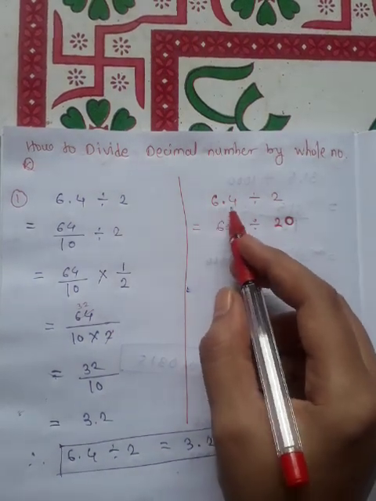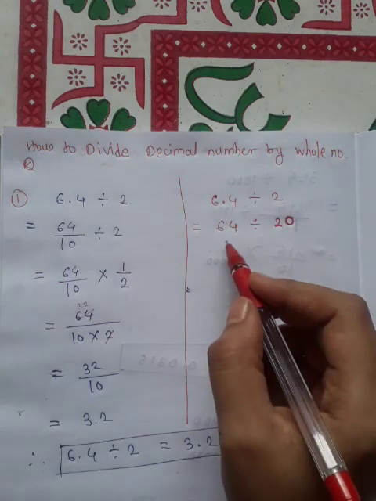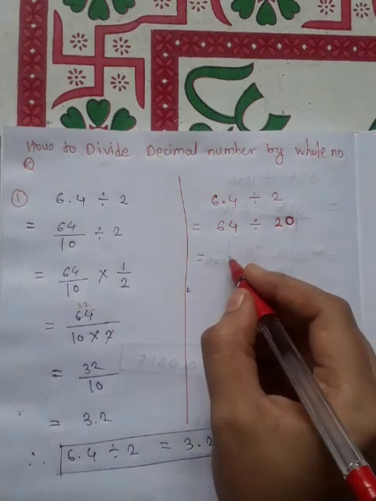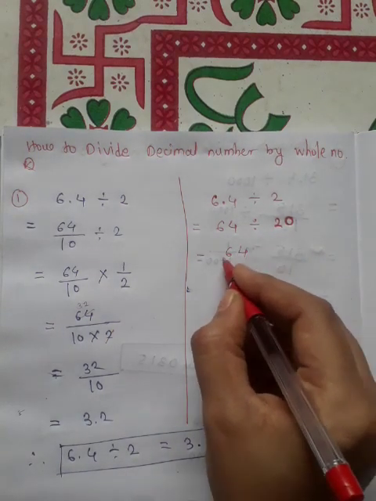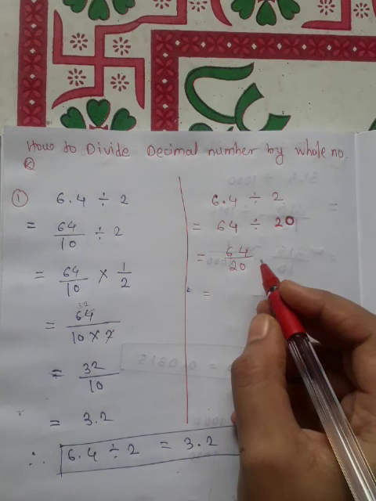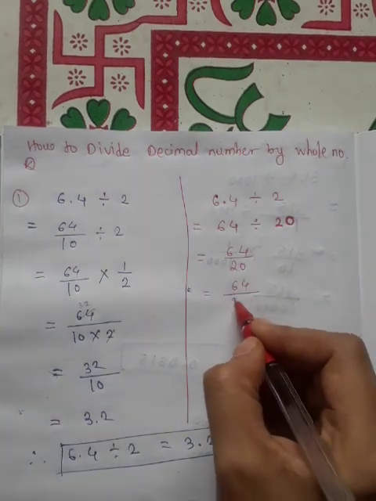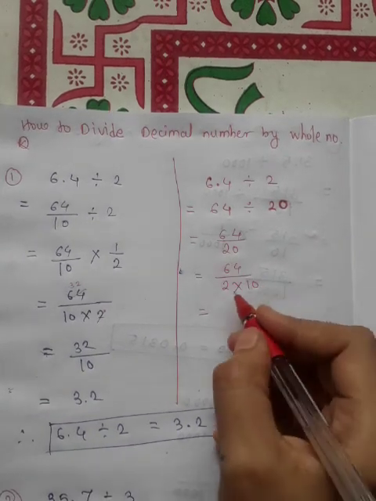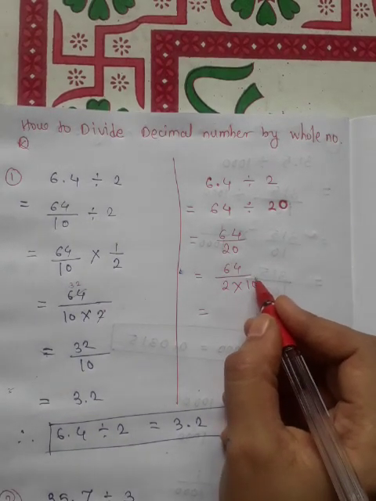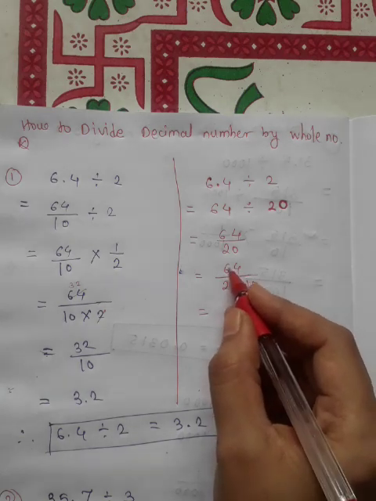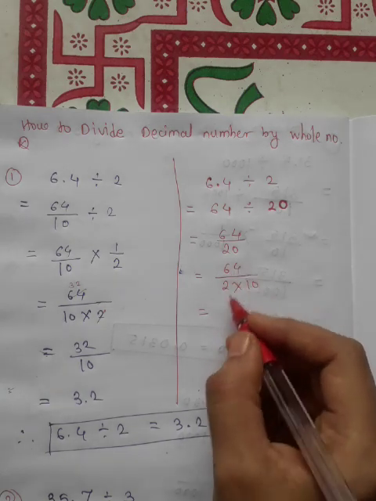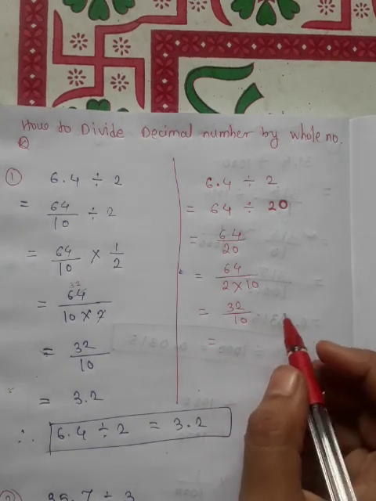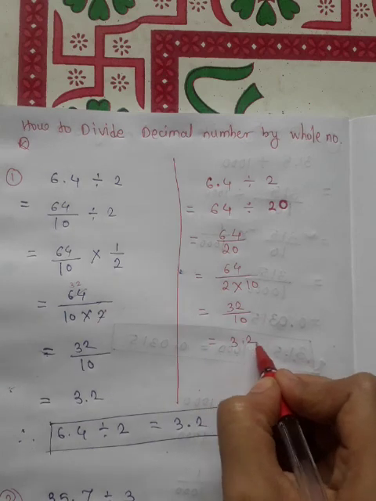So 6.4 divided by 2 is nothing but 64 divided by 20, and 20 we can write as 2 into 10. Now put 10 as it is. Divide 64 by 2, and 64 by 2 is 32. 32 by 10 is nothing but 3.2.